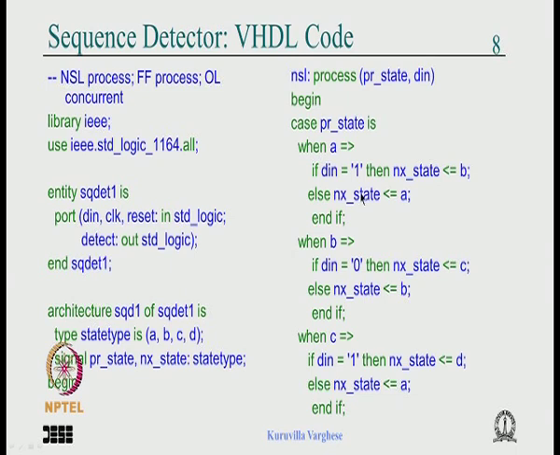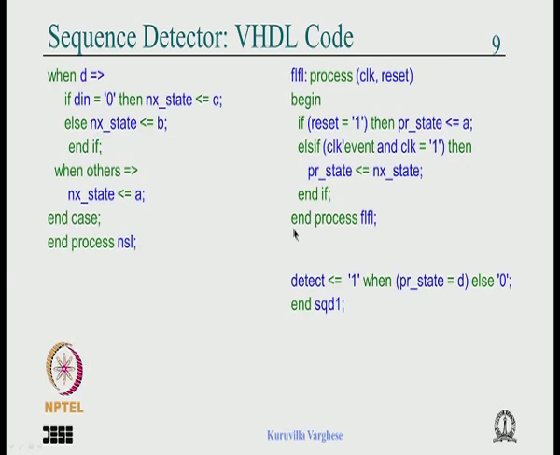The important thing is to do all the transitions, if else, everything. Don't think that because you are in state A you don't need to say else next state A, that will cause an implied latch. So you continue through, and the flip flop is like an asynchronous reset. You know how to write that. If reset, then present state is the starting state, or upon the clock present state gets next state.